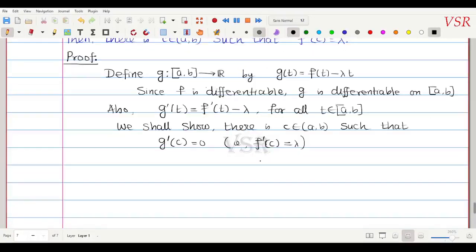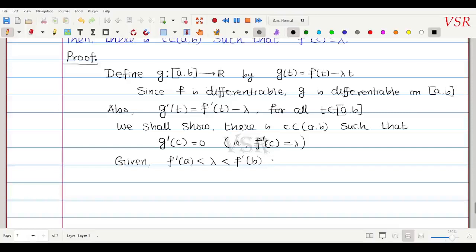Now note that we are given f dash of a less than lambda, which is less than f dash of b.